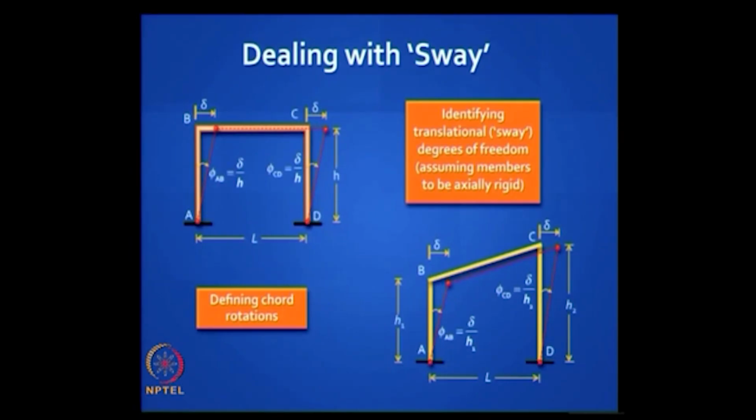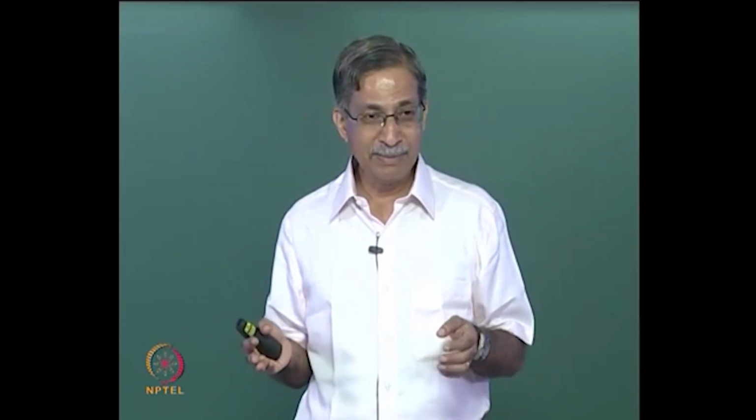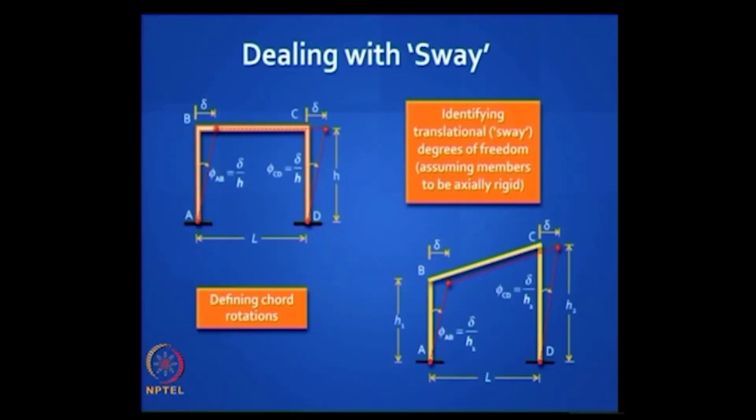Both the columns will move parallelly as shown here. And what is interesting is the beam does not have any chord rotation, whether the beam is horizontal or inclined, there is no chord rotation. So you have chord rotation only in the vertical elements, and the chord rotation in AB is delta by h1, the chord rotation in CD is delta by h2, got it?